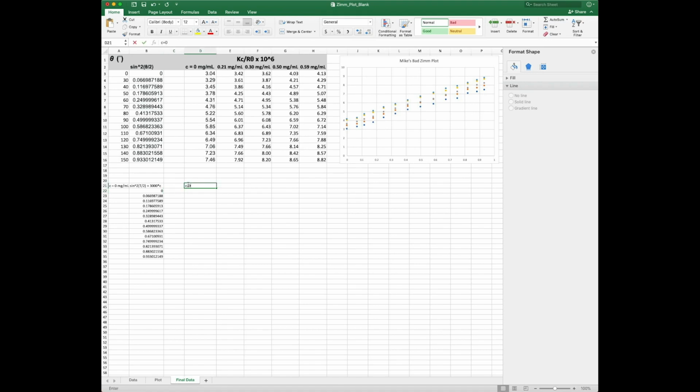This is a concentration of 0.21, concentration of 0.30, concentration of 0.50, and a concentration of 0.59. And so this is equal to B3 plus 3,000 times the concentration, which is 0.21 mgs per mil.